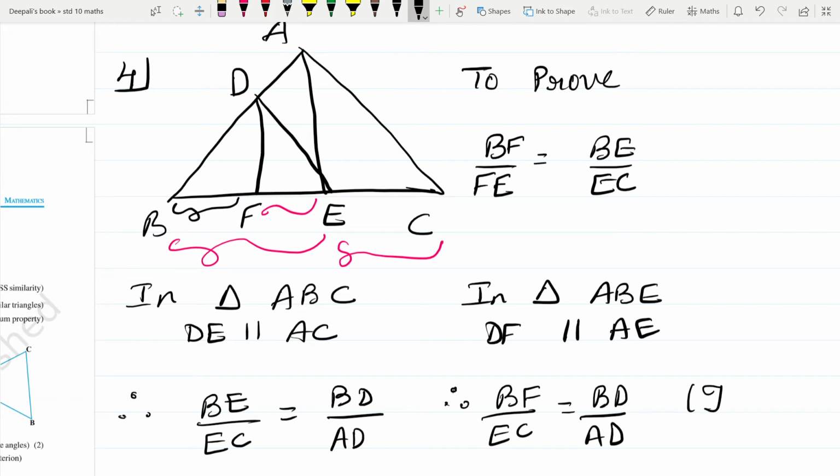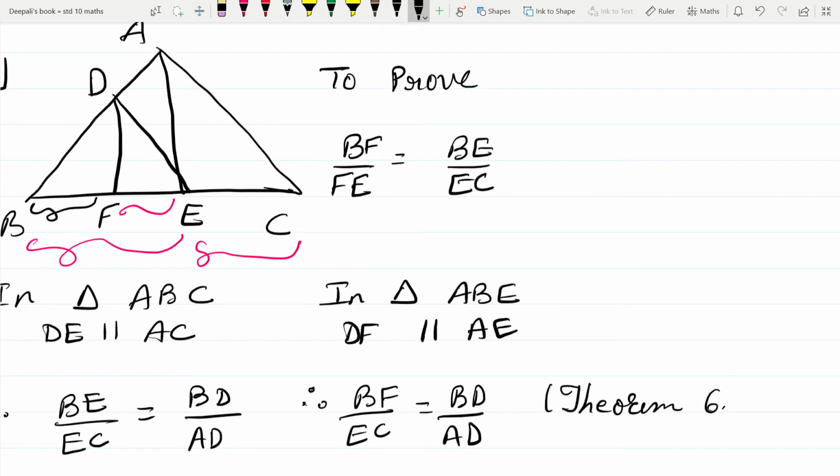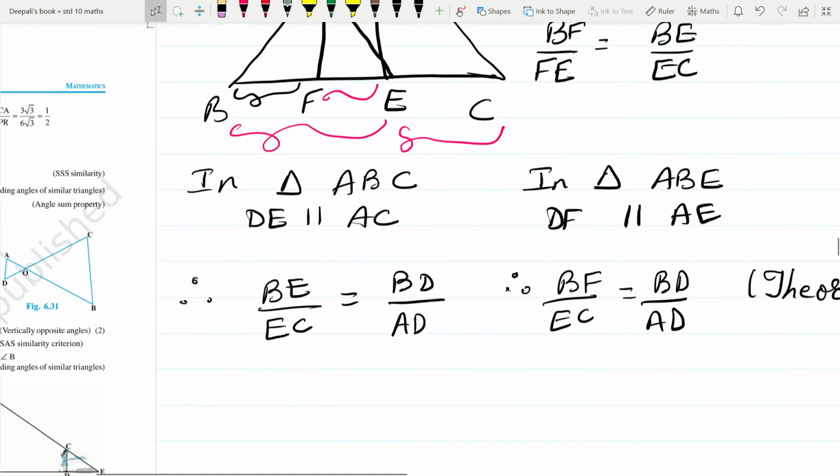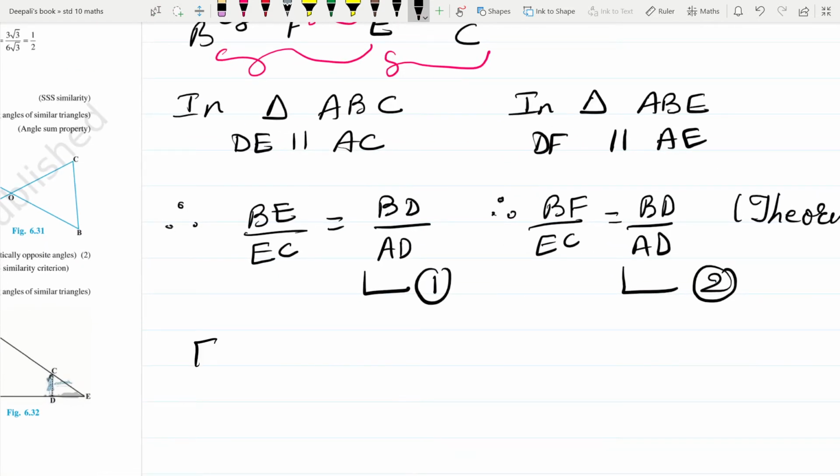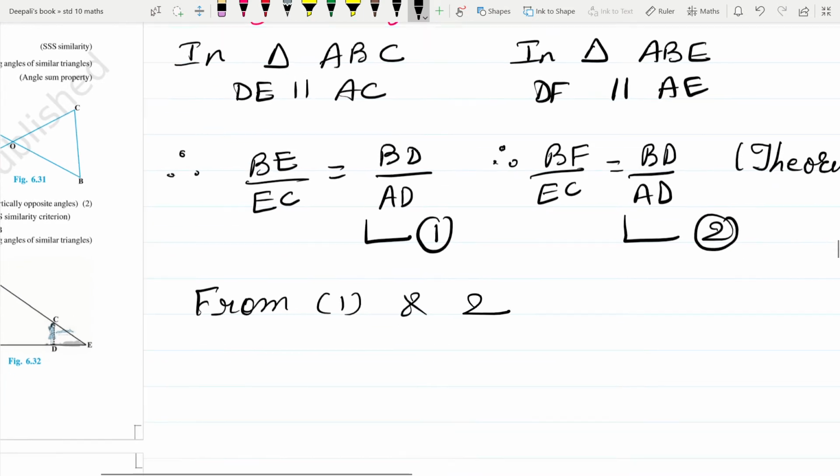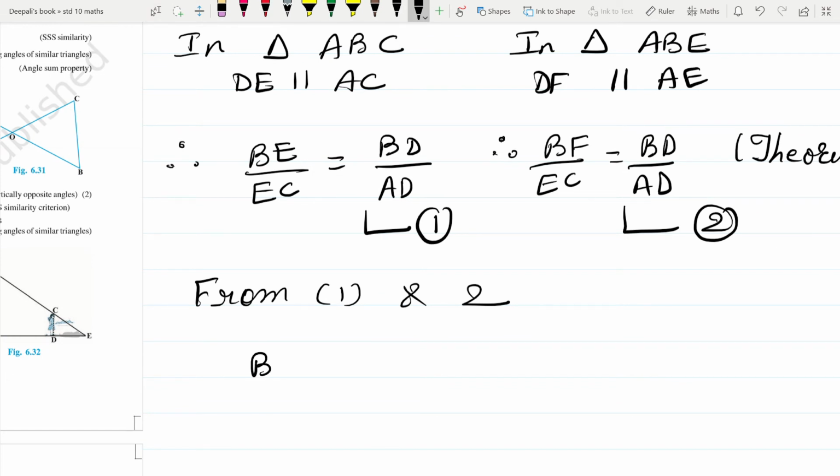This is according to theorem 6.1. Now from result 1 and from result 2, we can say that BE upon EC is equal to BF upon FE.